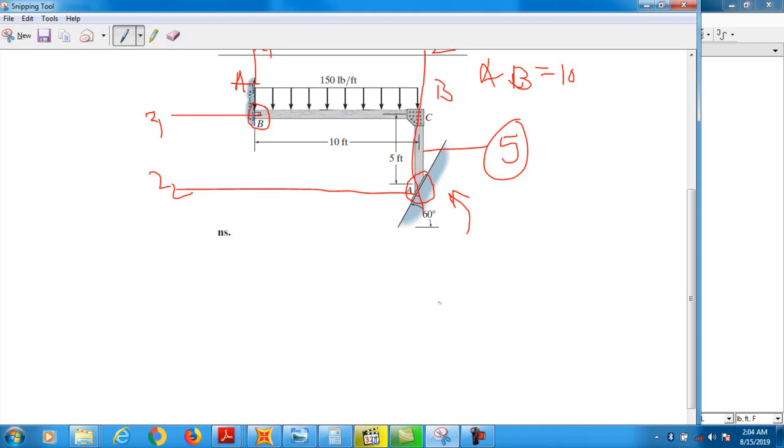After covering the indeterminate beams, I will cover frames, determinate frames as well as indeterminate frames, and then I will analyze some examples on trusses. After that, inshallah, I will start the design of these beams, frames, and trusses.